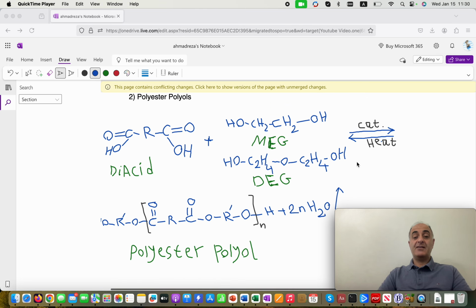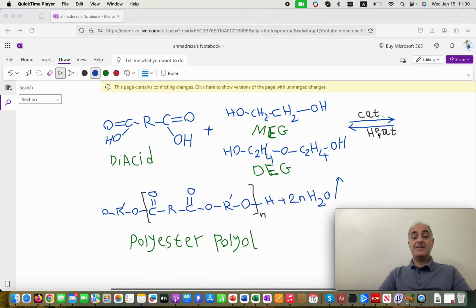As you can see, the production of polyester polyol is a reversible reaction. What does it mean? It means that it can take place in both directions. You can produce polyester polyol, and also you can produce the reactants again.